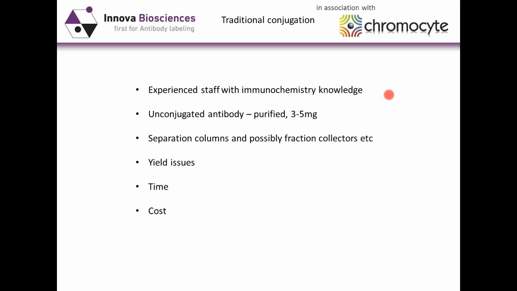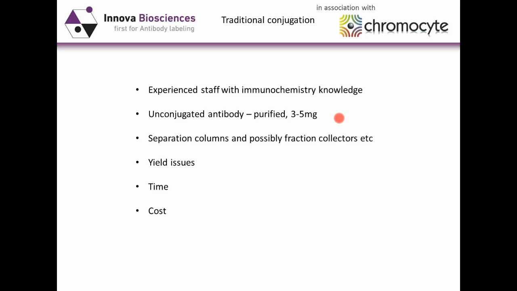To link fluorescein to an antibody is relatively straightforward. To link a phycobilioprotein, such as phycoerythrin, to an antibody is much more complex. You will also need a relatively large amount of your unconjugated antibody in purified format, typically perhaps 3 to 5 milligrams.